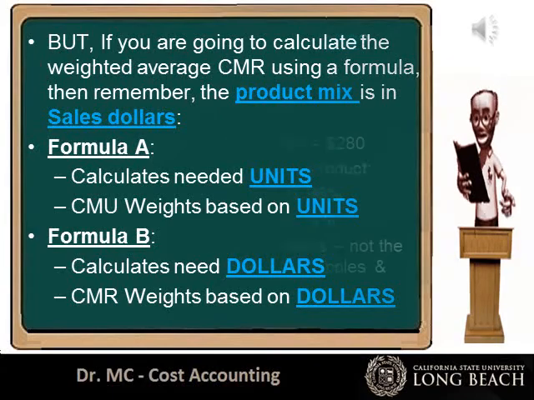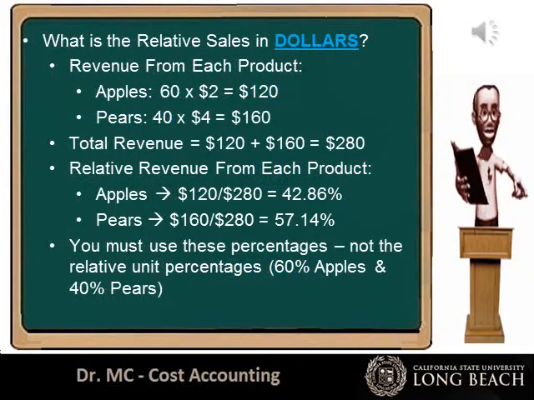In order to construct our weights, we must first calculate the revenue that our firm gets from each product. We sell 60 apples at a price of $2, giving us revenue from apples equal to $120. Similarly, we sell 40 pears at a price of $4, giving our firm revenue from pears equal to $160. The firm's total revenue from these two products is $280.